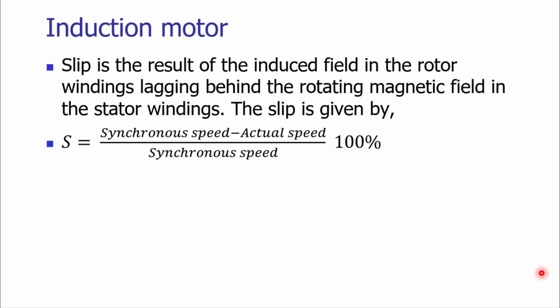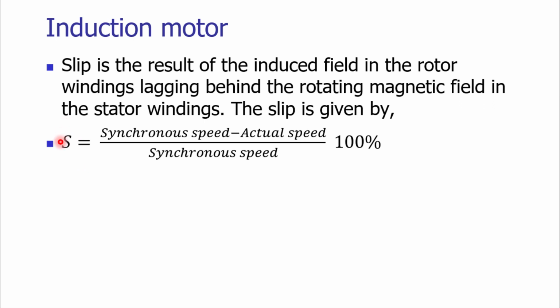It is expected that the rotor should follow the rotational speed of the magnetic field given by the stator winding, but due to the inertia of the rotor, due to many environmental related factors, due to the inaccuracies in the motor, the rotor will have a lag, it will have certain deficit in the rotational speed. So that is called as the slip in the induction motor. So it is the result of the induced field of the rotor windings which is lagging behind the rotating magnetic field.